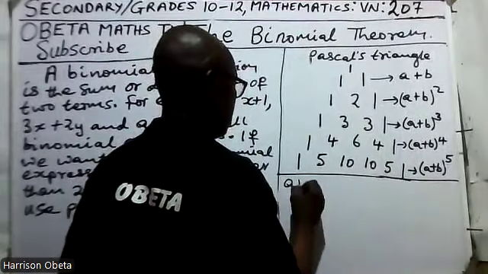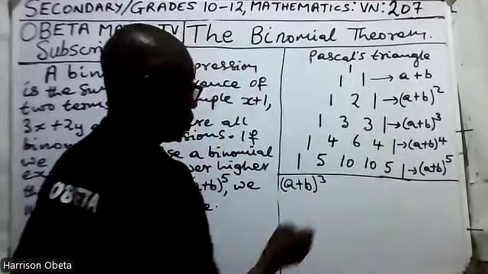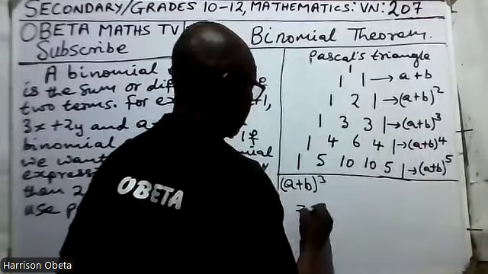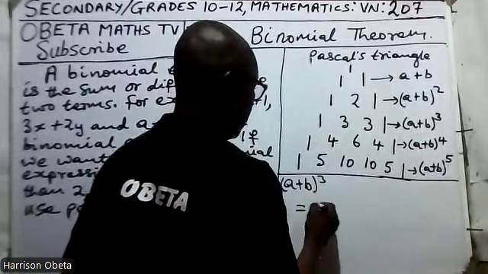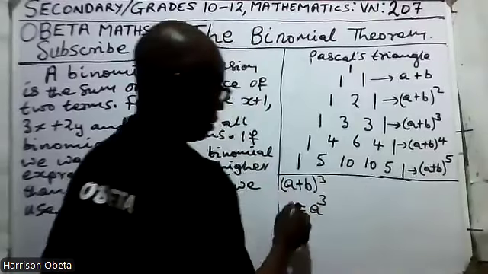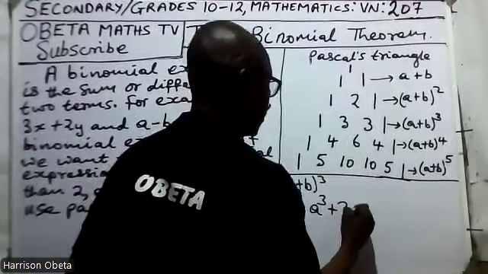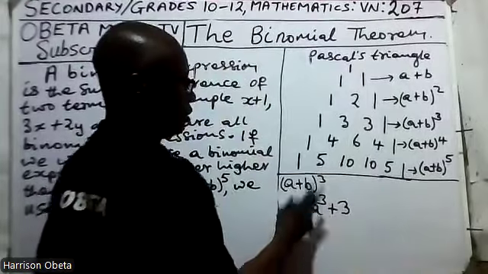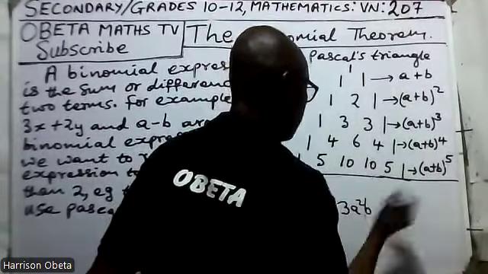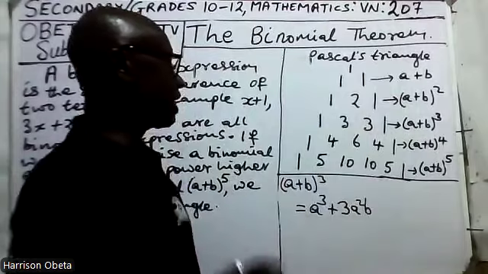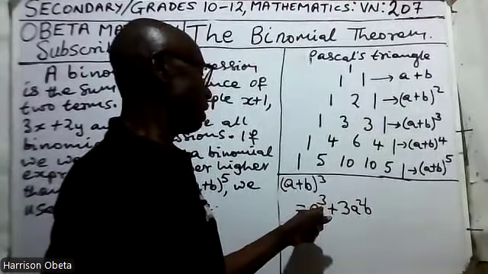So I will now have a plus b all raised to 3, which I will write as, remember I'm picking this. This one will give me a raised to 3. The coefficient here is 1, then 3. A will come in minus 1, should be a squared b. Remember that in each case, the powers must add up to the highest power.